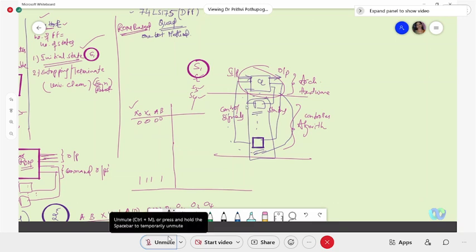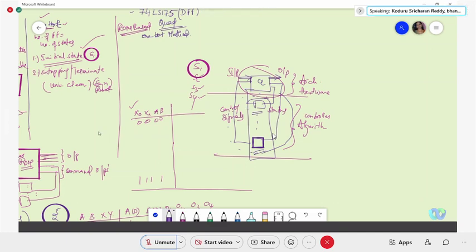Synchronous. There is no information now. We didn't mention, but they need to be synchronous. That is one point.